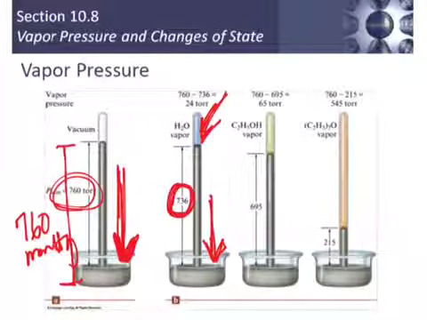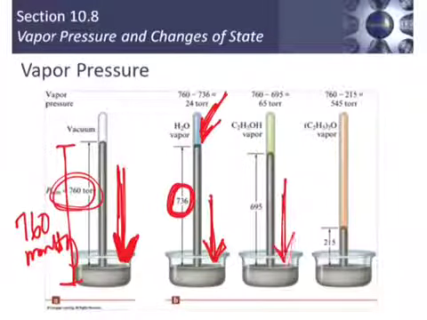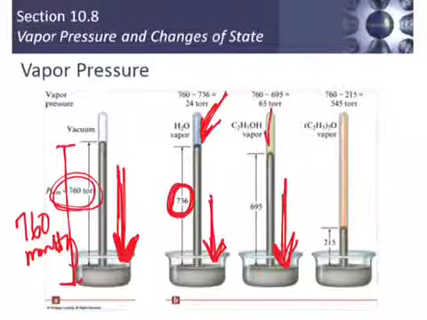Now we put this over ethanol, and we still have the atmosphere pressing down here, but then we also have our ethanol vapor pressure, pushing it down a little bit further, and that difference gives us the vapor pressure of ethanol, which is 65.